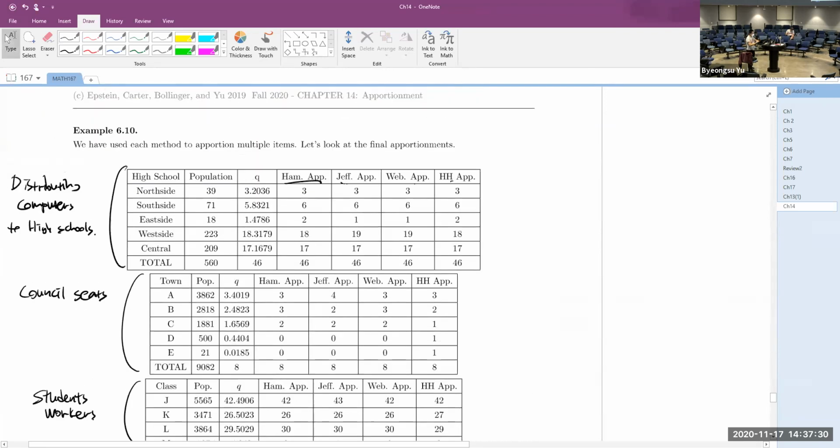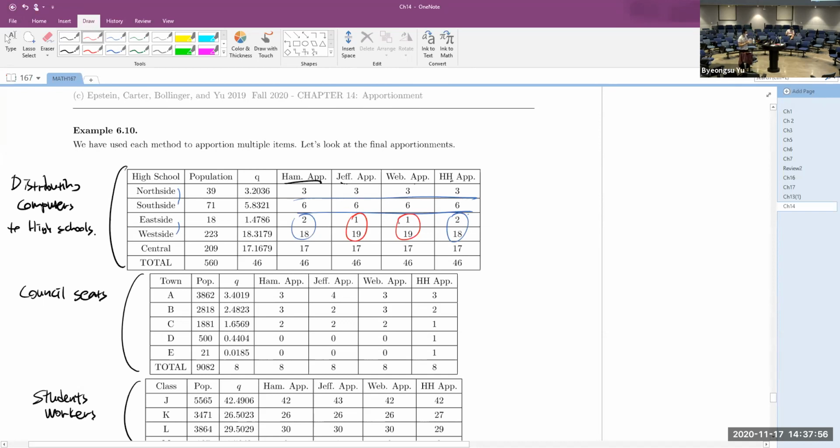And you can see that in the case of distributing computers, north and south have the same number for each method, but for east and west, their number of computers will change depending on whether they use the Hamiltonian method or the Jefferson method, right?